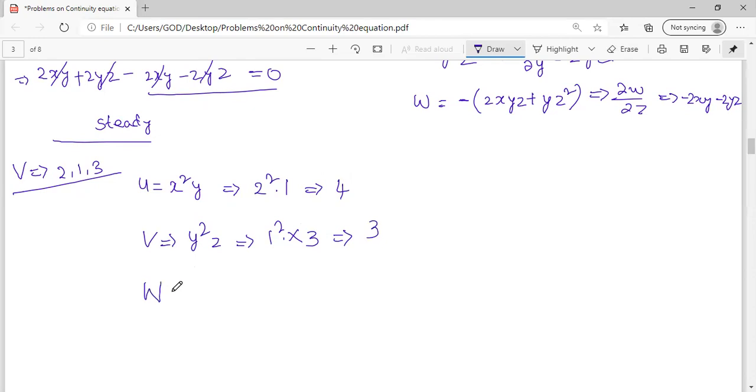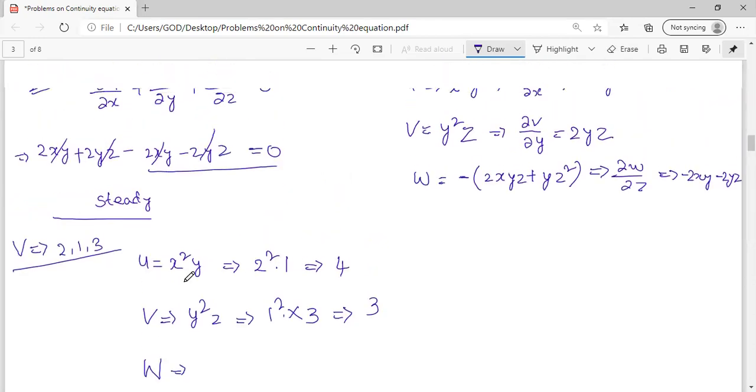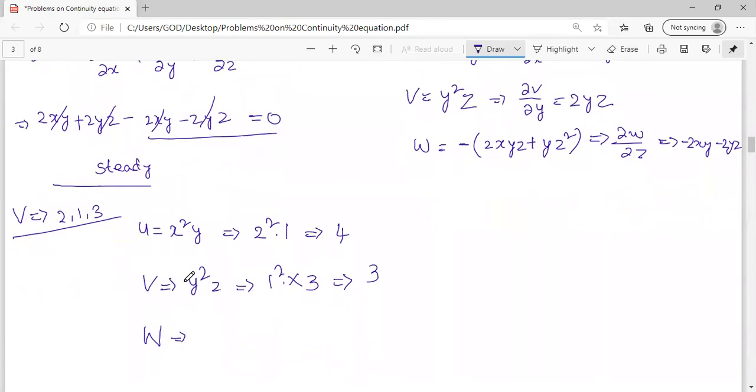And the w component. What is the w component in the question? If you observe, it is minus of 2xyz plus yz square.